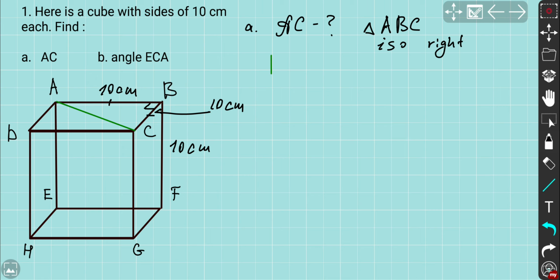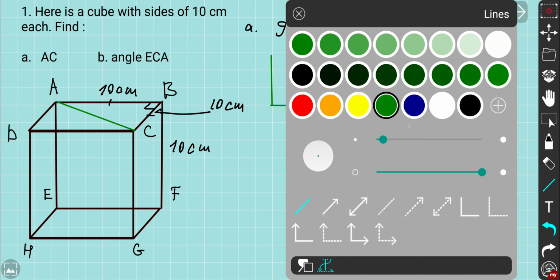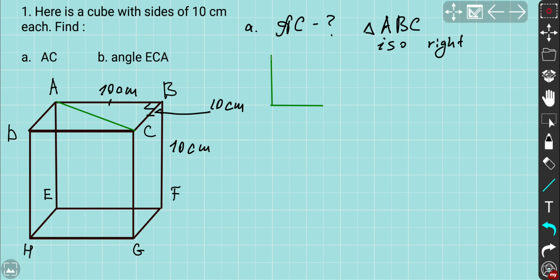You can see that triangle right there, which has two equal sides and the side which is the hypotenuse. B is the vertex. So here is, let's say, A, and here is C.